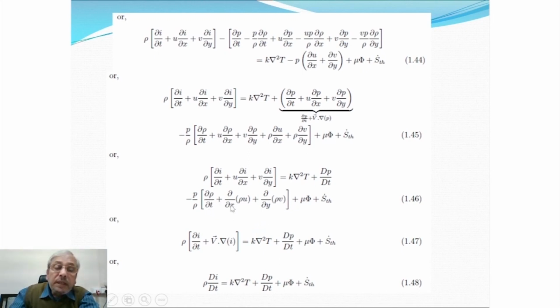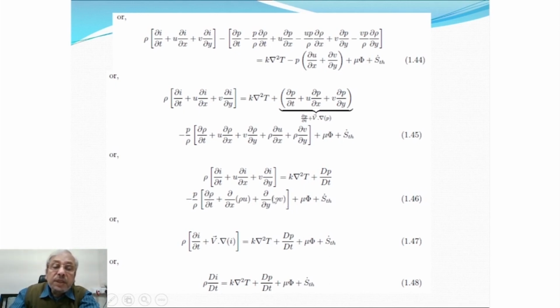Del rho del T, this will give us rho del U del X plus U del rho del X. This will give rho del V del Y plus V del rho del Y. So total derivative of rho plus rho into divergence of V. All the terms are here. Basically, this is the complete continuity equation without considering compressible or incompressible flow.